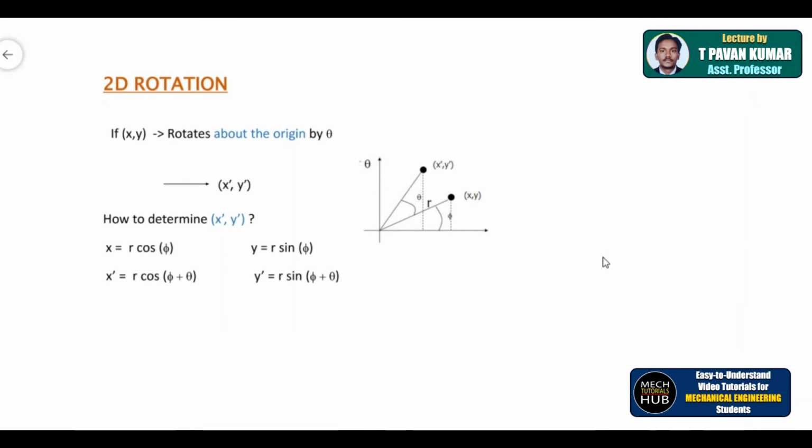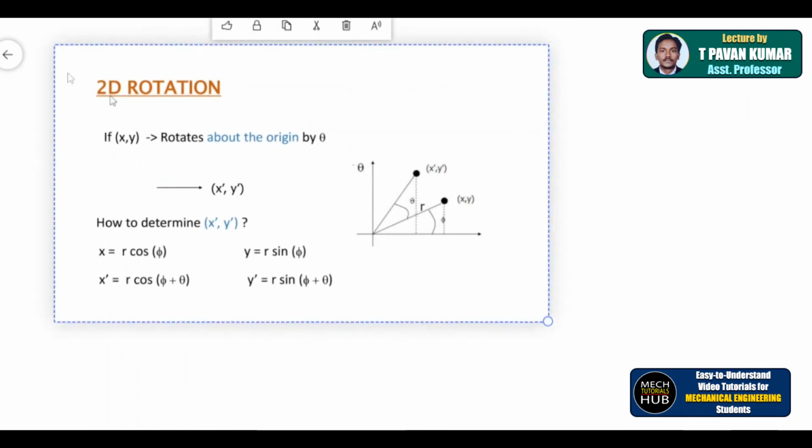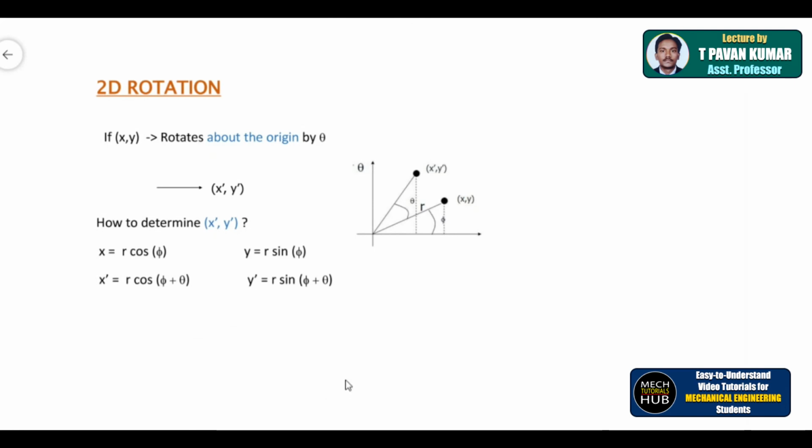Fine. 2D rotation. If xy rotates about an origin, nothing but this point, by theta, then have a look. Here the first position is xy and the new position is x prime, y prime.